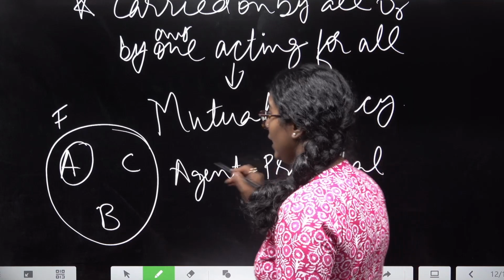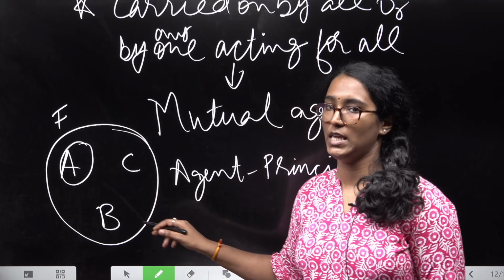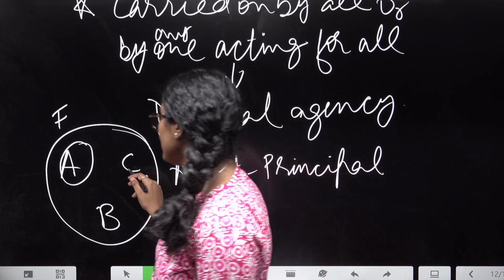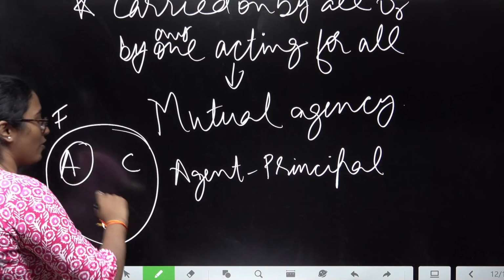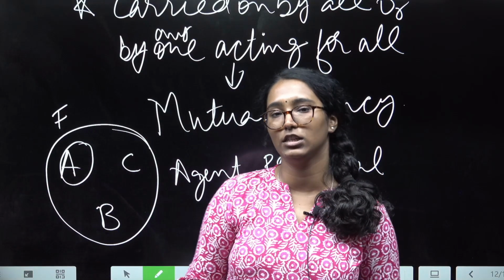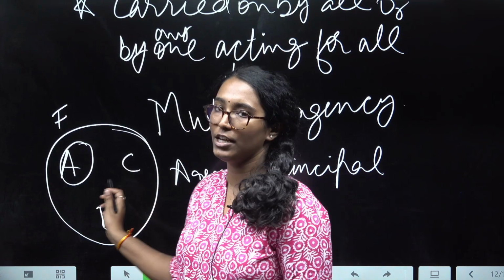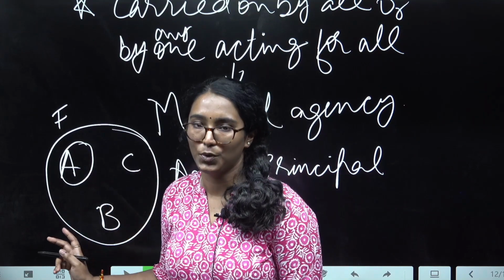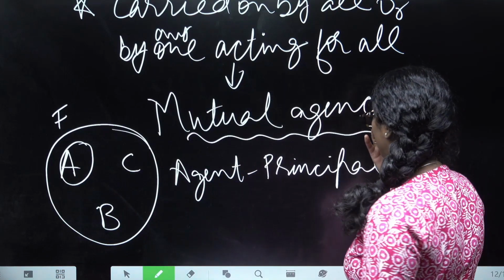Which means that A will be an agent for C, A will be an agent for B, and if C is carrying on the business for all of them, then C will be an agent of A and C will also be an agent of B, which means that any one of them will be an agent for the other two. That means that they have a mutual agency.